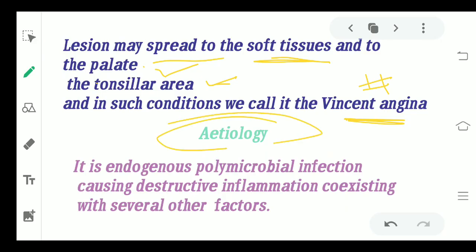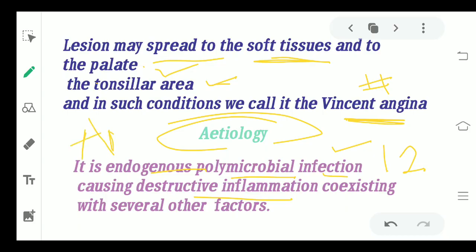Coming to the etiology. There is not just one microorganism but two microorganisms. So we say that it is an endogenous polymicrobial infection, that is more than one microorganism, which leads to destructive inflammation. Now these microorganisms are not alone in leading to ANUG.